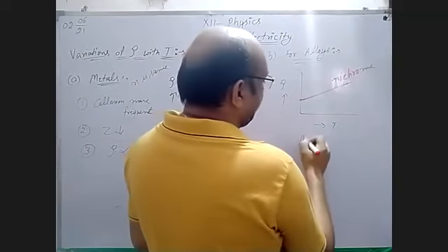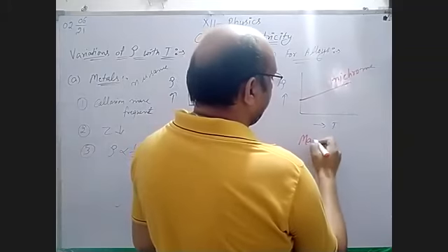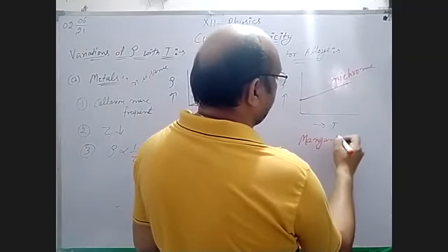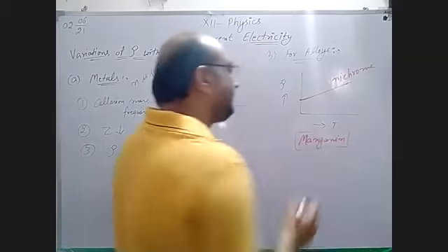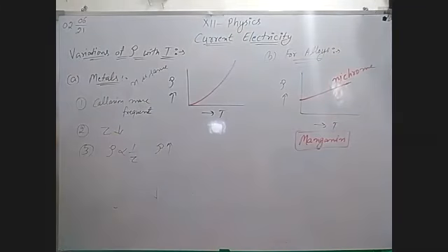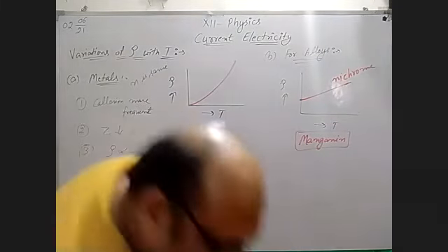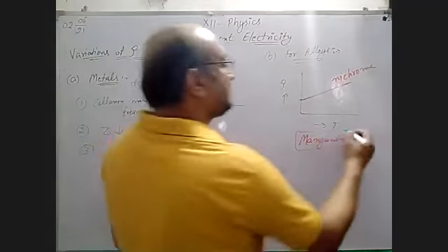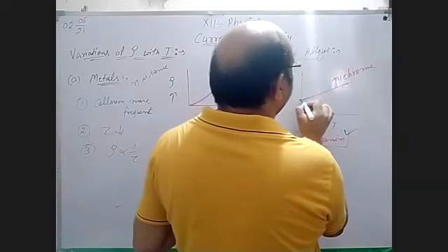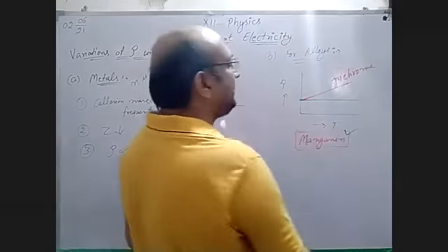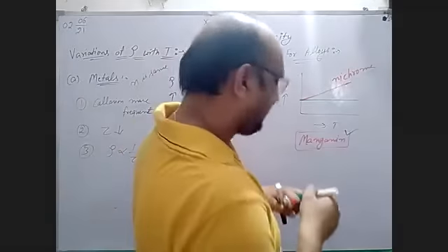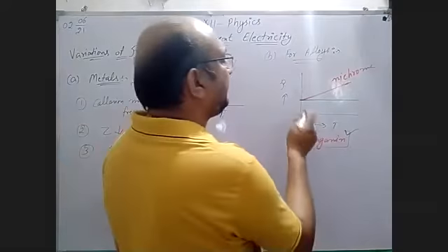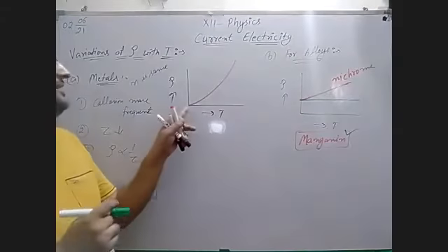In case of nichrome, you can take this. One more alloy is manganese. There is almost no effect on its resistivity. In case of manganese, the graph will be like this. Resistivity before giving the temperature, at 0 Kelvin you can take, there is high resistivity.